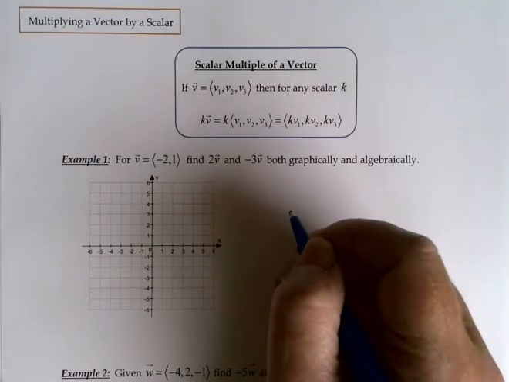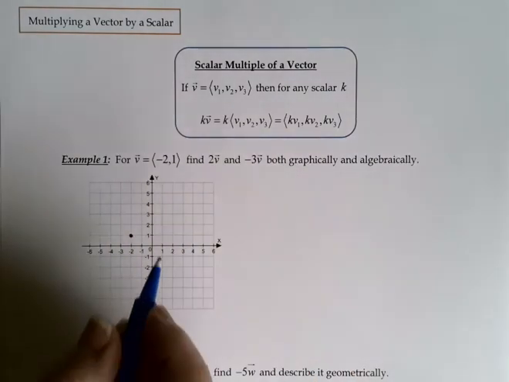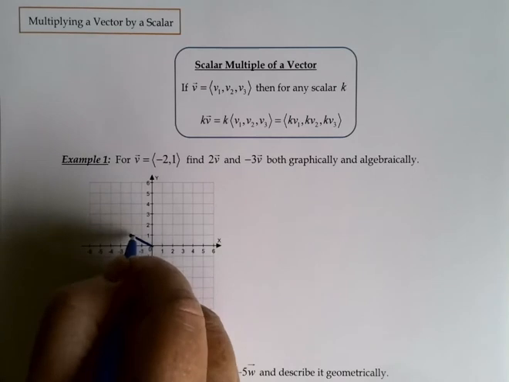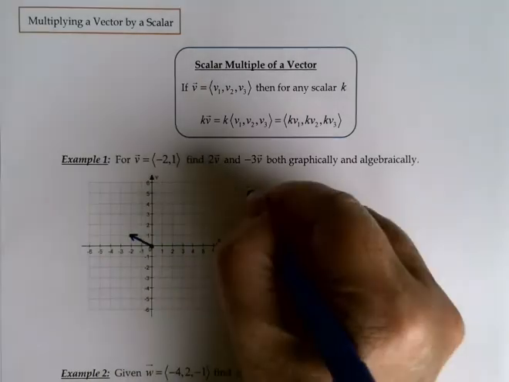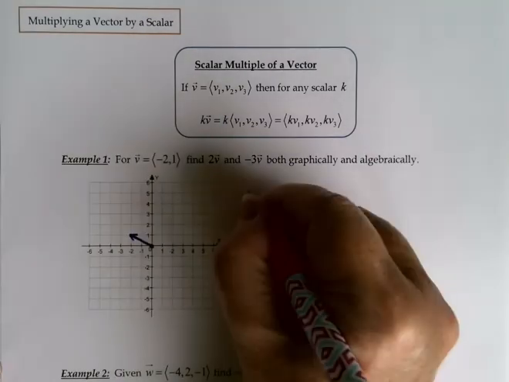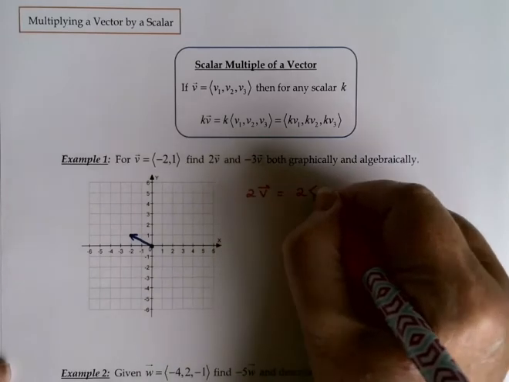So I've got my vector negative 2, 1 in standard position. Would look like that. 2v is just 2 times negative 2, 1.